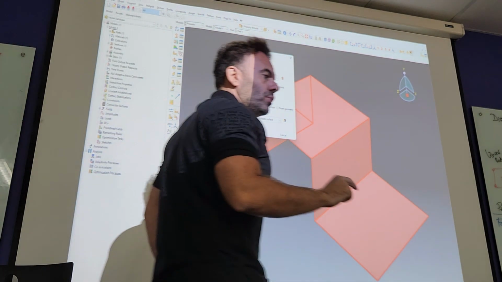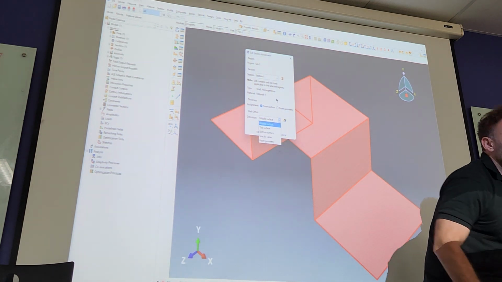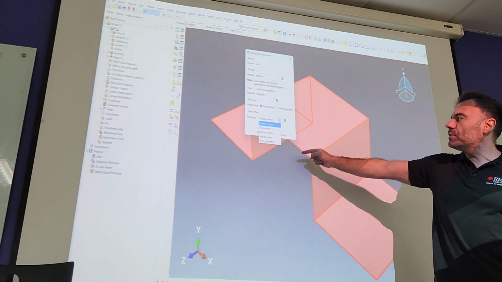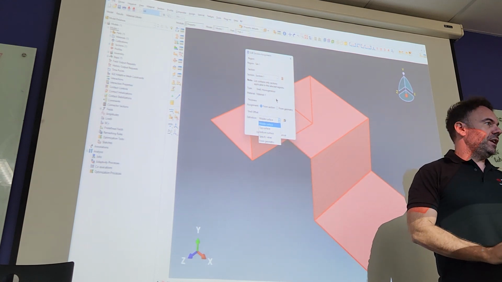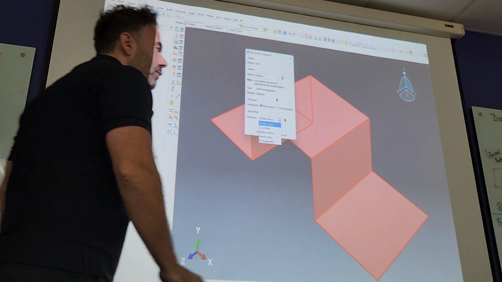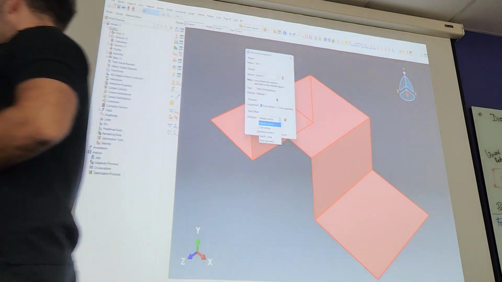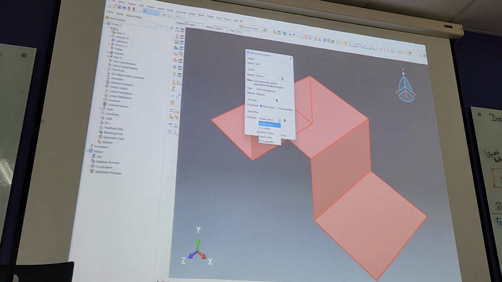Abaqus allows you to have other options. Yeah? So you've got top surface, bottom surface, or specify. What does it mean? It means that we could have modeled this edge here only, the bottom surface, and done the same job.